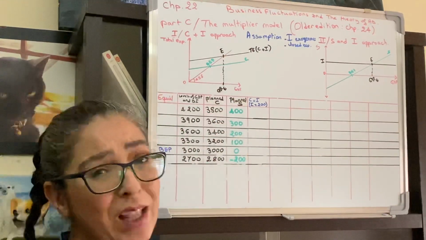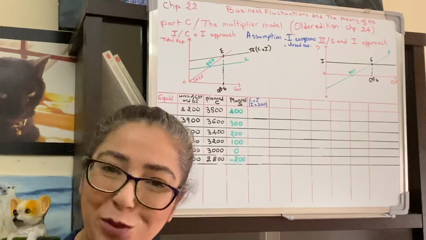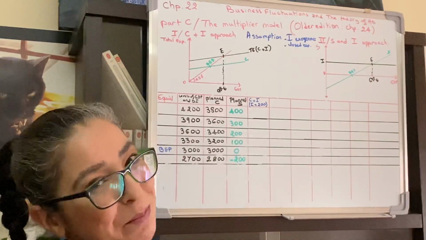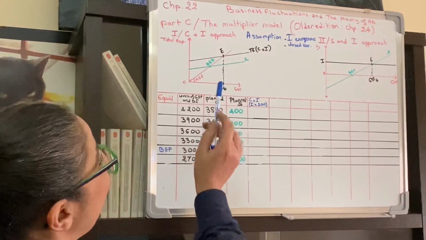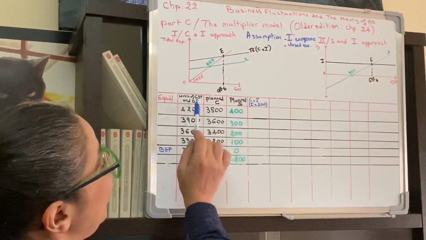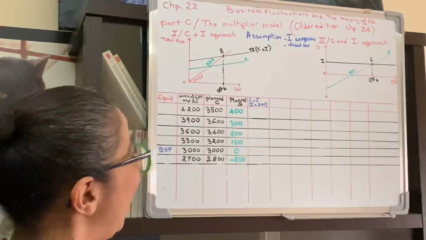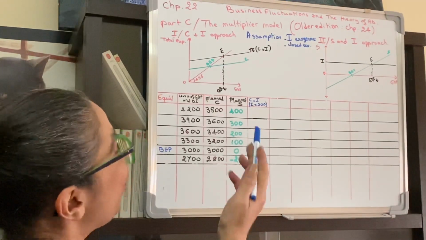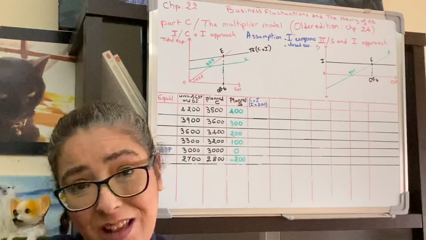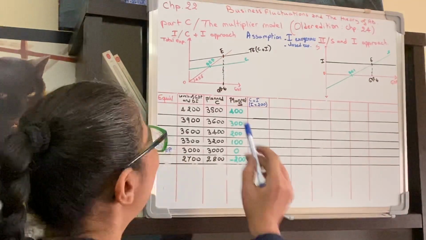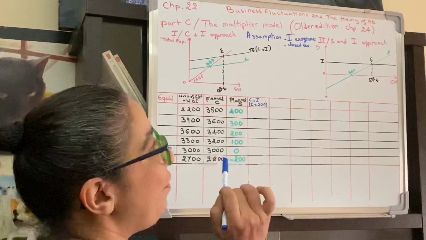So remember, we studied the consumption function, we studied the BEP already. So now we're going to assume that levels of GDP and DI are the same for now. Okay, so your consumption function depends on your GDP. So here is my consumption function.